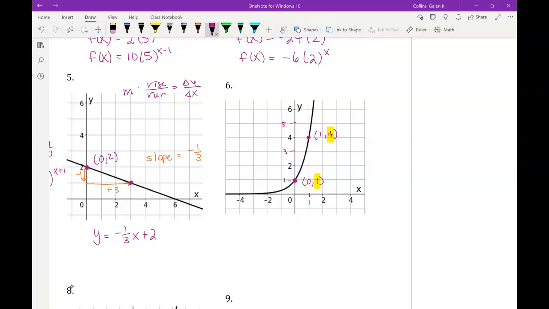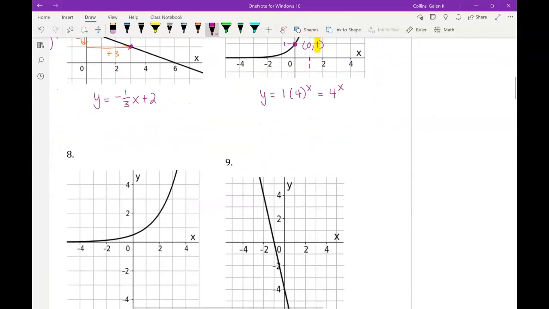So my growth factor is 4. And the y value of my y-intercept is 1. So I could write this in the form of y equals b times g to the power of x. And that's the same as just 4 to the power of x.